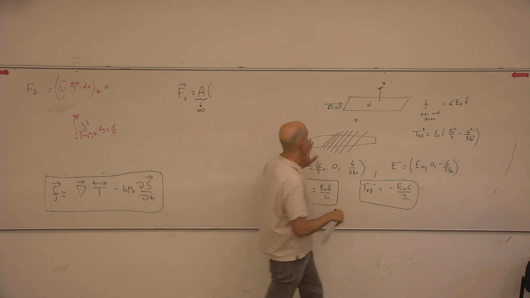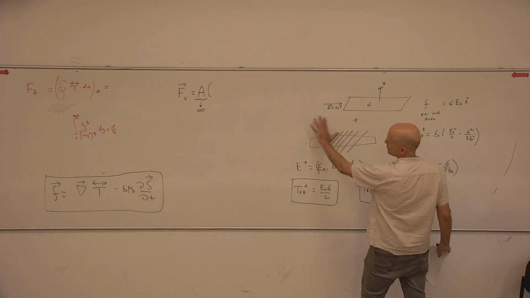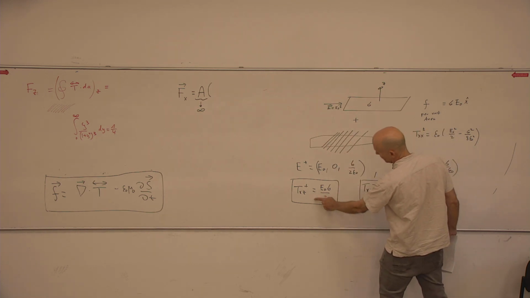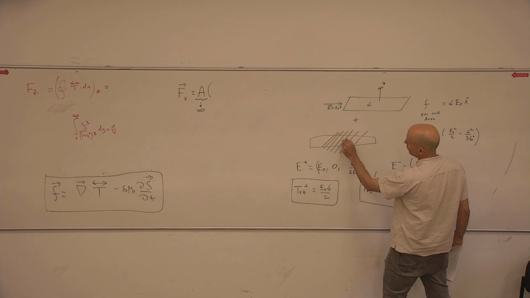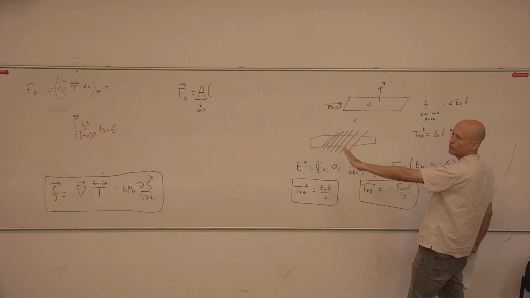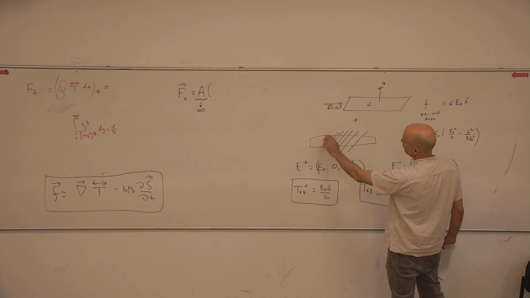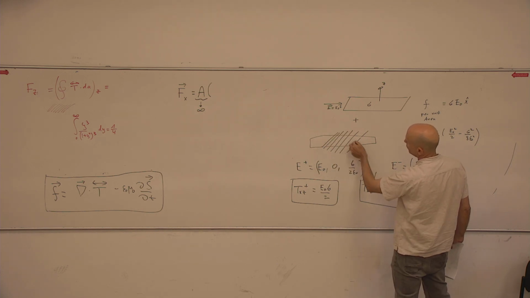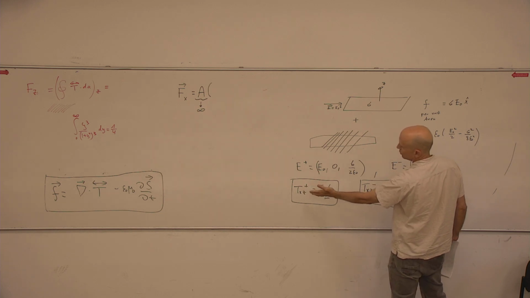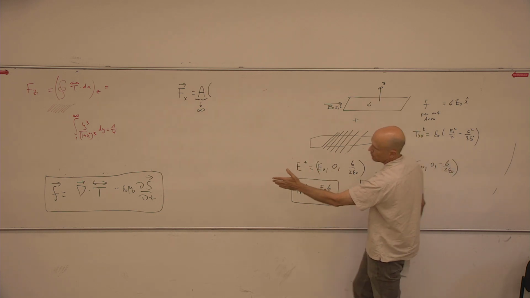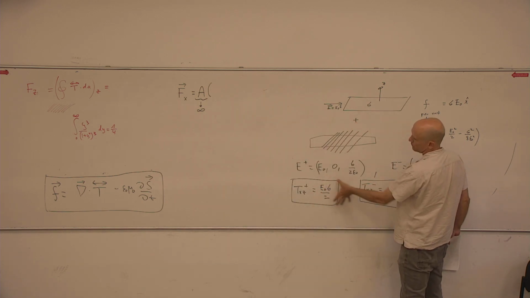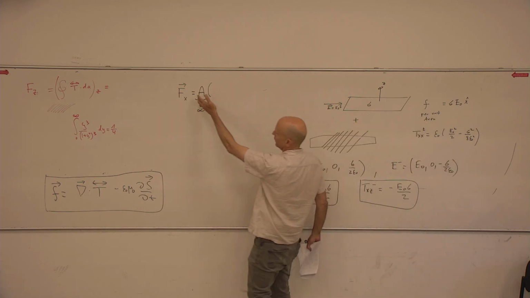Why? Where did I get it? I get it because I did an integral over this area. So the point is the following. The T's you see here are independent of the position along this thing. And this is because we have infinite slabs. So before, for given r and given phi, we had a different tensor. So when we integrated, you had to do this type of integral. But now they are constant, so the integral just gives you this A.